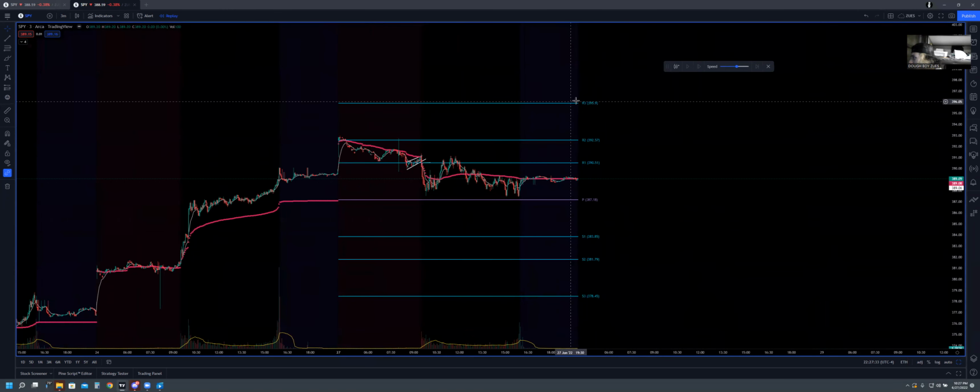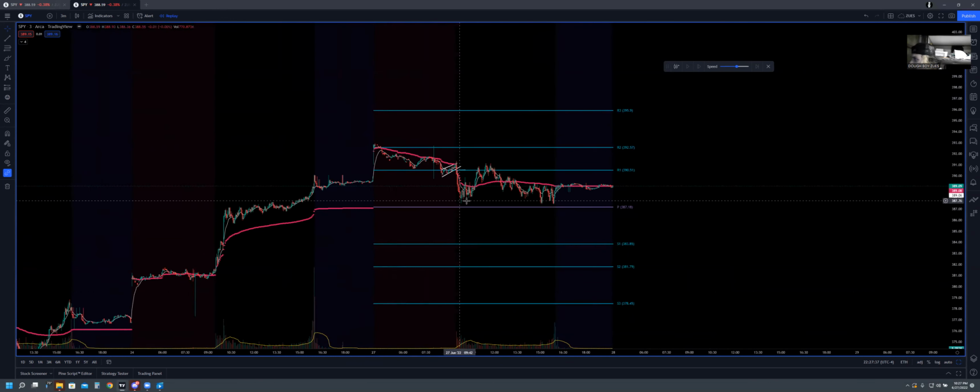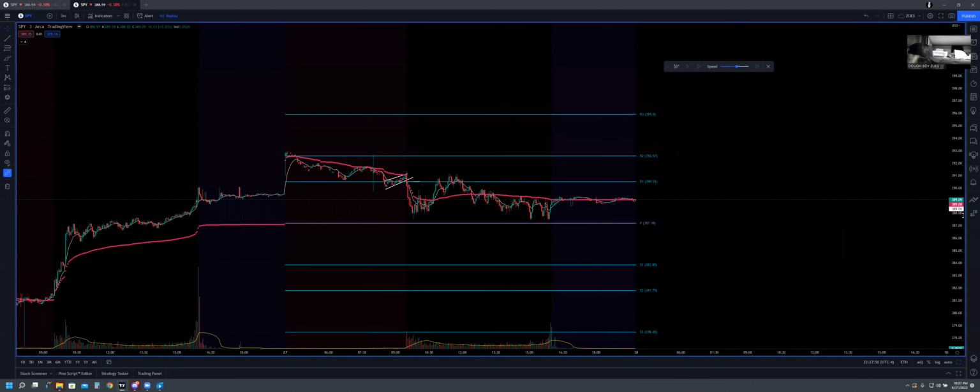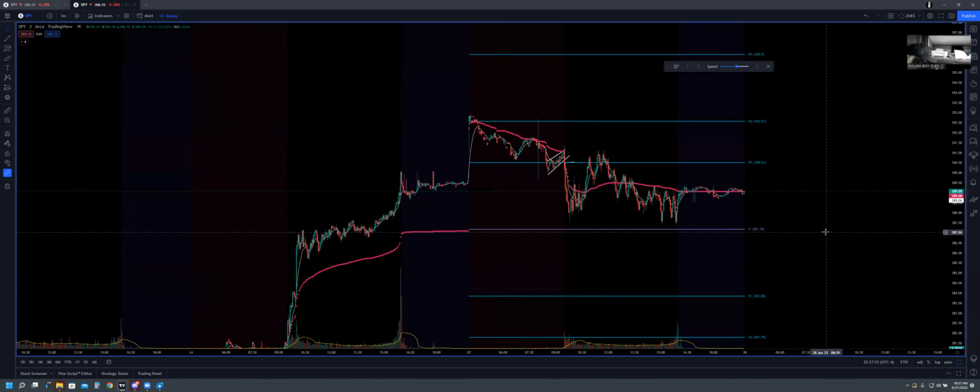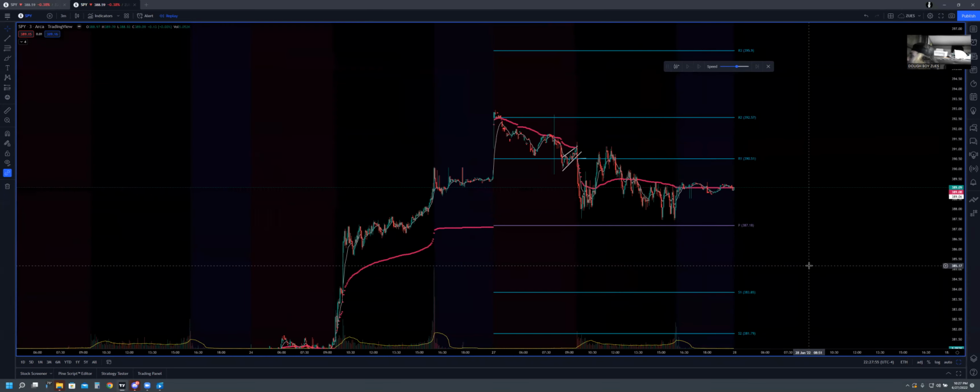You have R1, R2, R3, then S1, S2, S3. Supposedly, when price is above this P, the middle pivot point, price is in an uptrend, so you only want to play calls. That's what everybody was saying on YouTube when I was researching this.